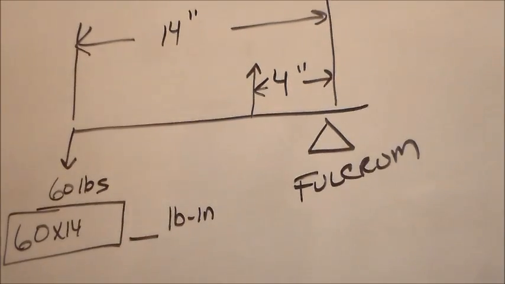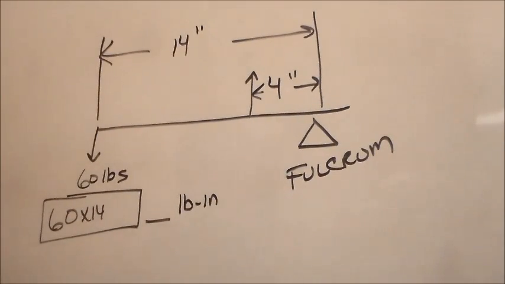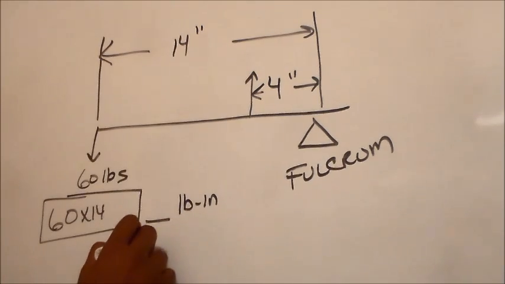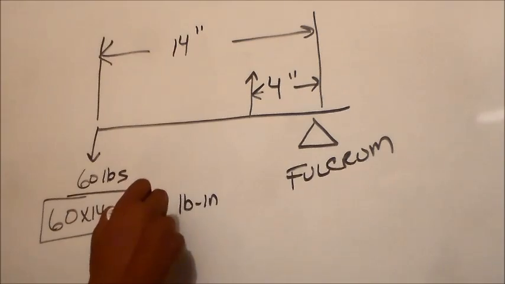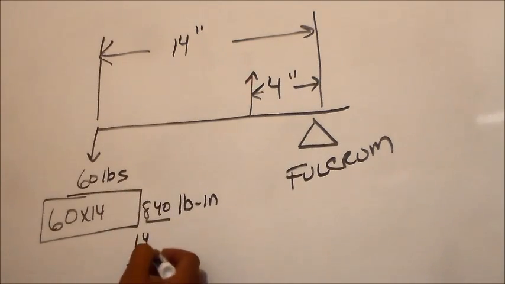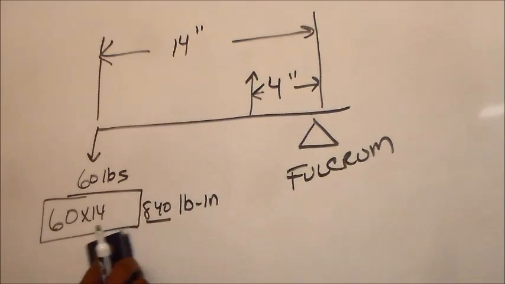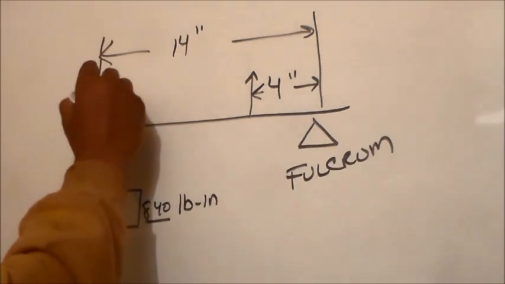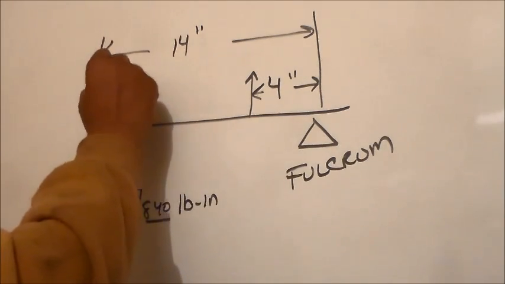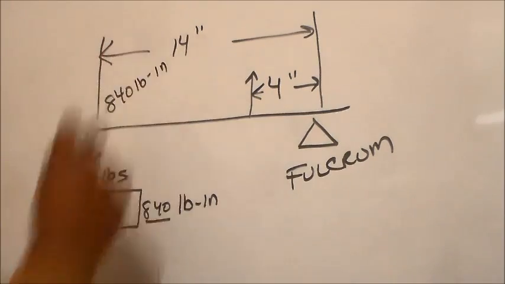So what I would do is I'd say 14 times 6, 24, 84, 840. I multiply by 6 and then add the 0 later. So 840 pound inches.